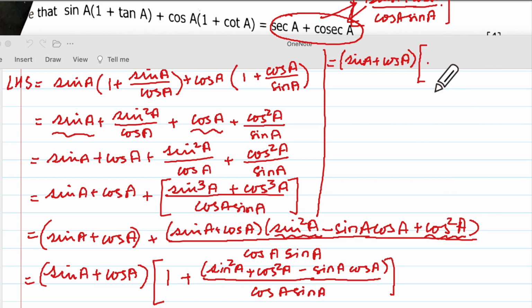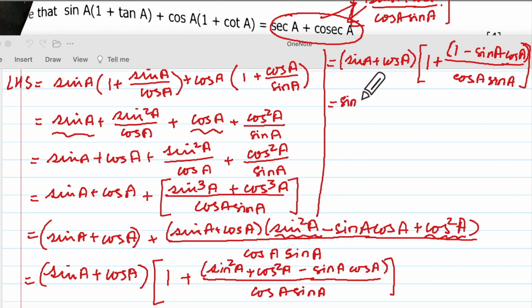No, I don't have space over here, so I won't take LCM just now. I will just write 1 minus sin A cos A, because I don't have space to fit in that big line, upon cos A sin A. So we close this bracket.